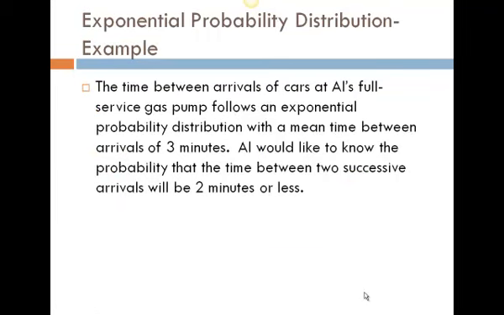The time between arrivals of cars at Al's full-service gas pump follows an exponential probability distribution with a mean time between arrivals of 3 minutes. Al would like to know the probability that the time between two successive arrivals will be 2 minutes or less. So mu here is 3, and you want the probability that x is less than or equal to 2.